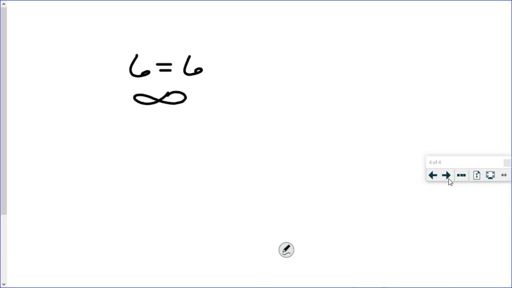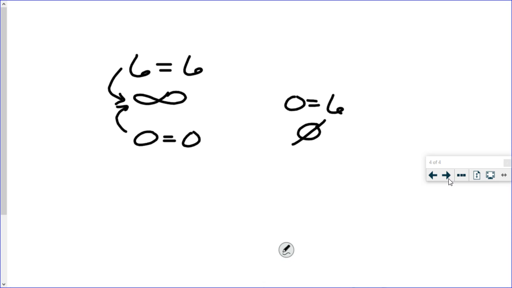If you get something where things cancel out, or you get 0 equals 0, that's, again, infinite solutions. If you get something where 0 equals 6, that's no solution. So something where all of the variables cancel out and you're left with 0 equals 0 means infinite solutions, or 0 equals 6 means no solution.